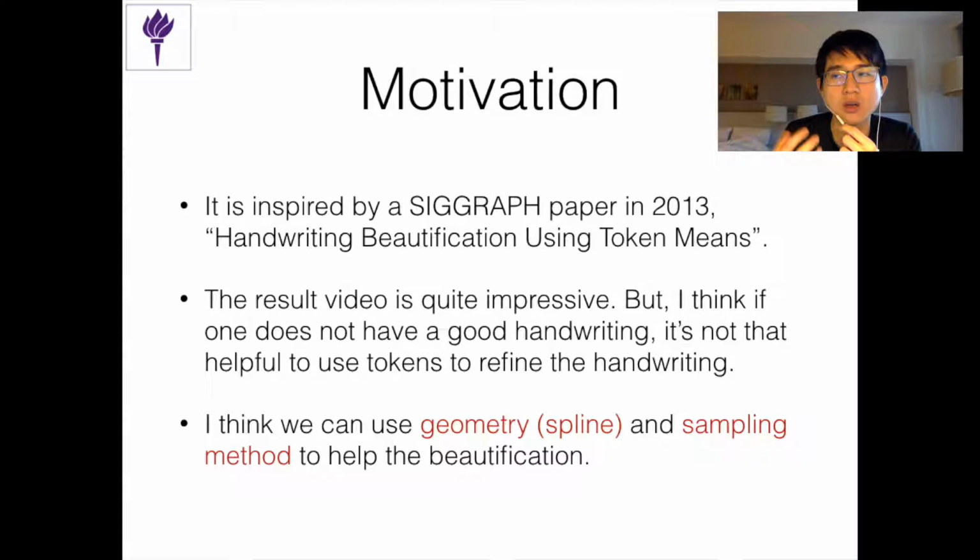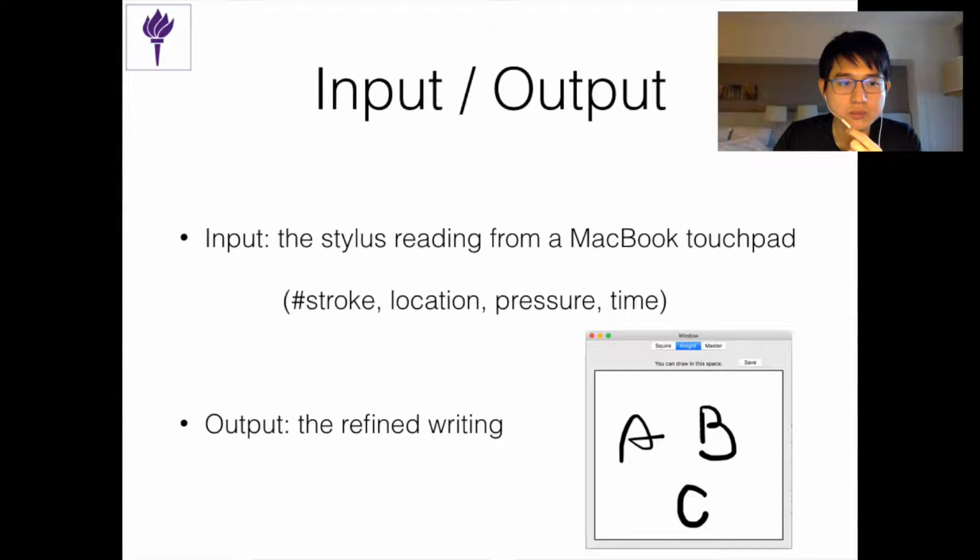In other words, although you find those tokens, those averages cannot help you beautify your handwriting. And I think we can use geometry and spline and sampling methods to do this work.